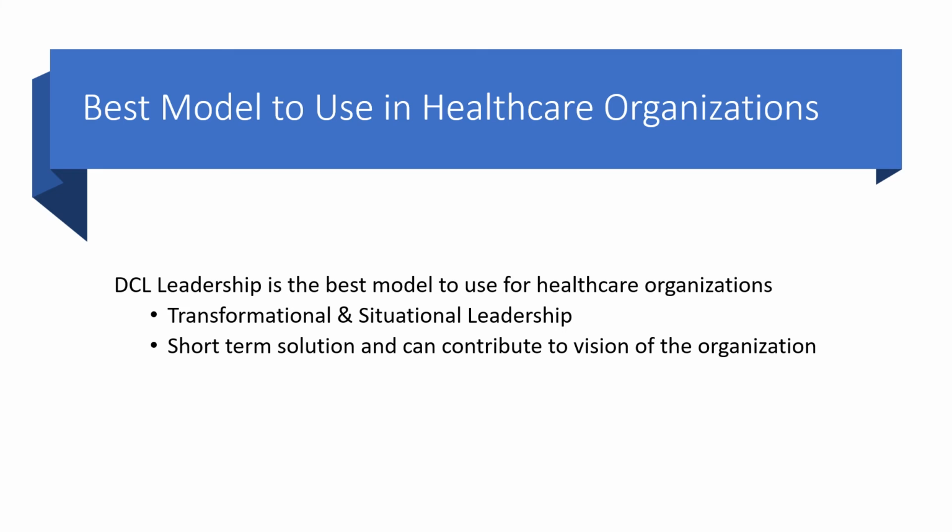With staffing being a short-term and long-term problem, the DCL leadership model can guide a leader to implement ways to mitigate the staffing problem, such as meeting with staff, increasing communication, increasing methods for creativity for staff and leadership to come together and find ways to fix the staffing problem.